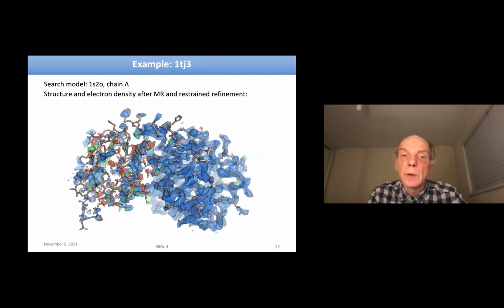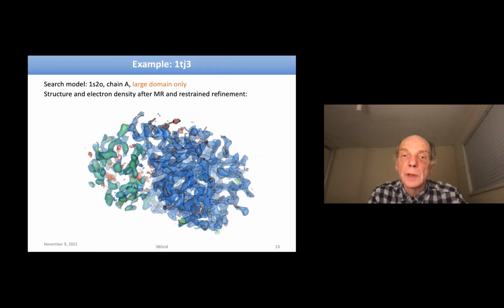If we would use the whole chain model, we would end up with the electron density maps as here, because the domain is in a different conformation. The MoRDa strategy for chains will generate this one, but the MoRDa strategy for searching for individual domains will position the first one by search.